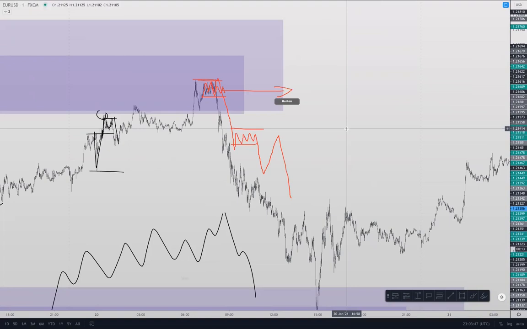So instead of just sitting here on our hands waiting for this to come all the way back up to here, now we're looking to get into a continuation position and continue this move, because if we know price is going to see lower prices from a higher time frame point, then this is still a great price to be selling from, because this is in premium prices. So any continuations in here are going to be nice continuations to take.